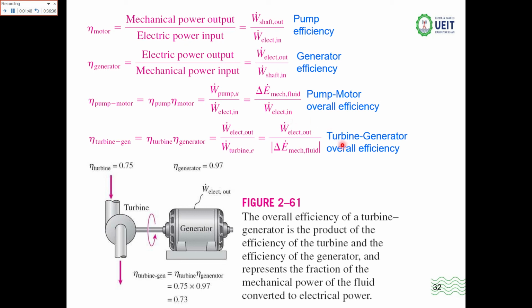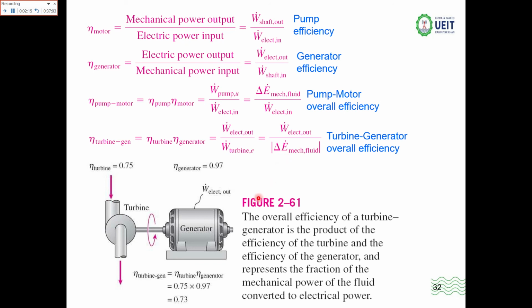Similarly, in a turbine-generator overall efficiency, in the turbine you are supplying the fluid energy, that is the input, and at the end you have the electrical energy output through the generator. So the turbine-generator overall efficiency is equal to W electric divided by delta E fluid.